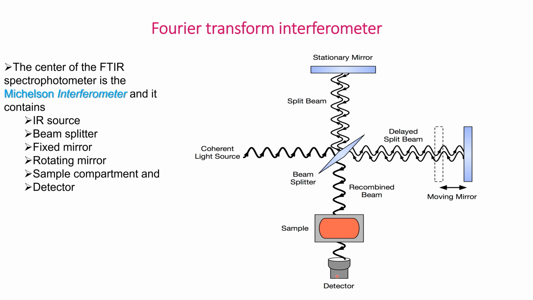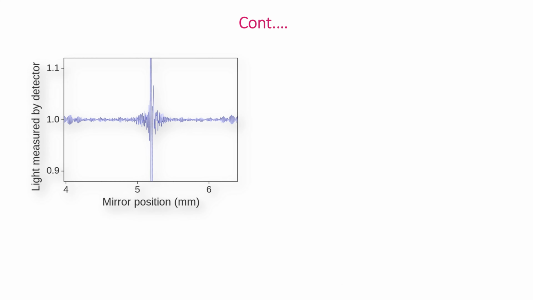The detector detects the transmitted light and converts it into a raw signal, which is a plot of mirror position and light intensity.